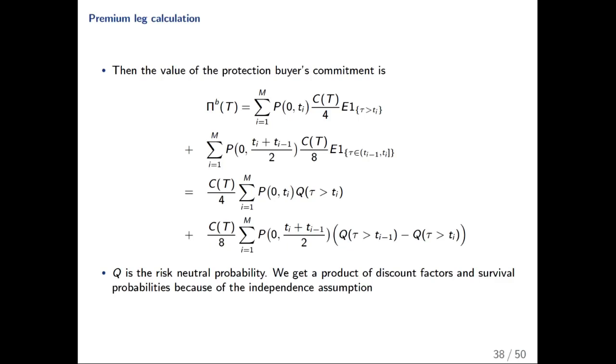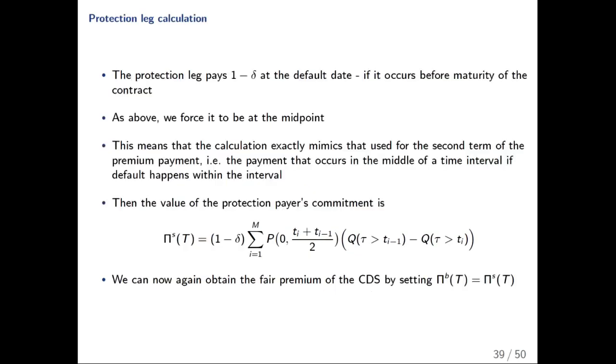This would be the expected value of this payment, plus the probability that default happens in between now and tomorrow. Well, this is 0 for the first coupon payment.